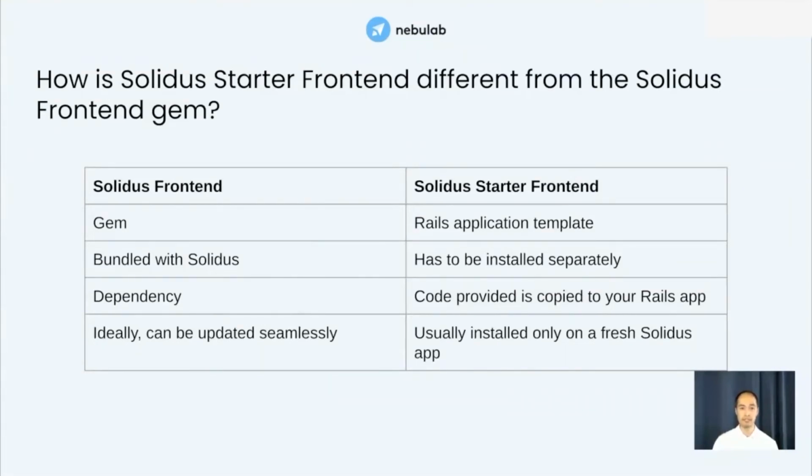Instead, the code that the template provides is copied to your Rails application. As such, the use case for Solidus Starter Frontend is usually on fresh Solidus applications. It doesn't make much sense to install it on an existing Solidus app.